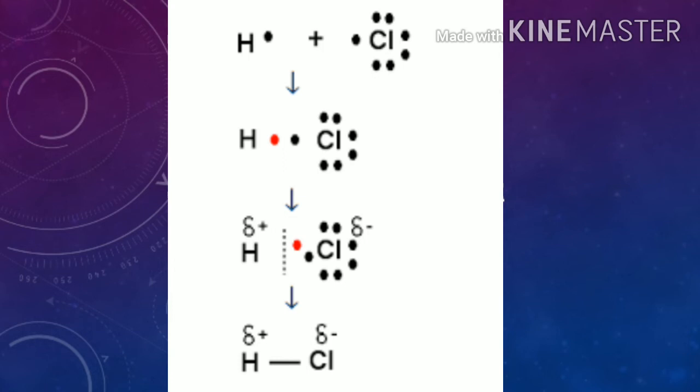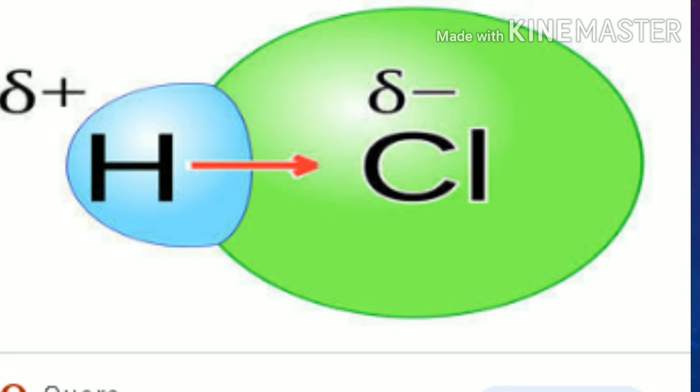So the oxidation number of an atom in a covalent compound is found based on the shifting of electrons. From where to where? Here electrons are shifted from hydrogen to the more electronegative chlorine atom. So hydrogen becomes a positively charged species and chlorine becomes a negatively charged species.